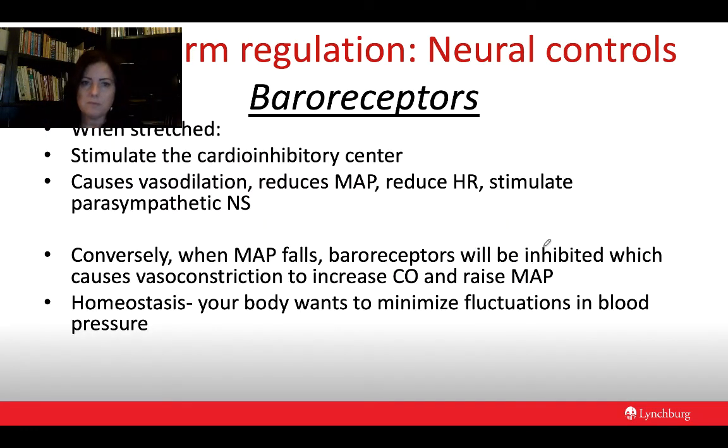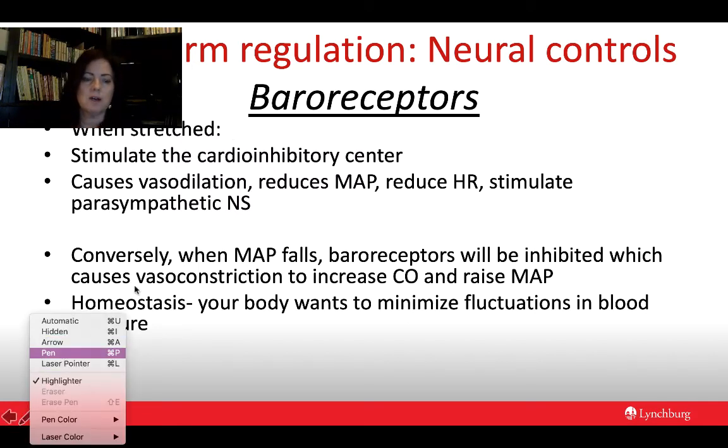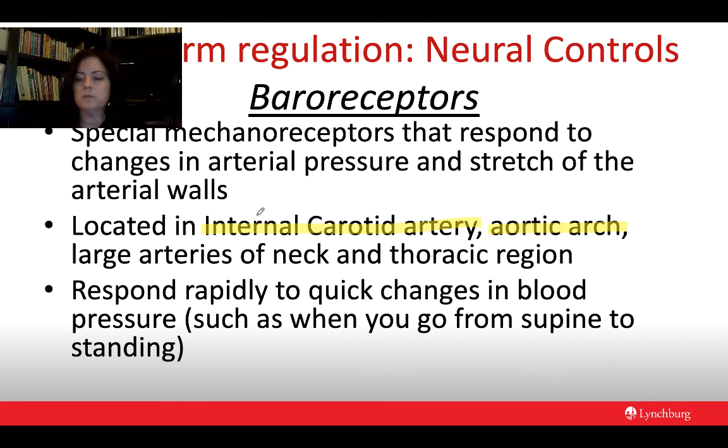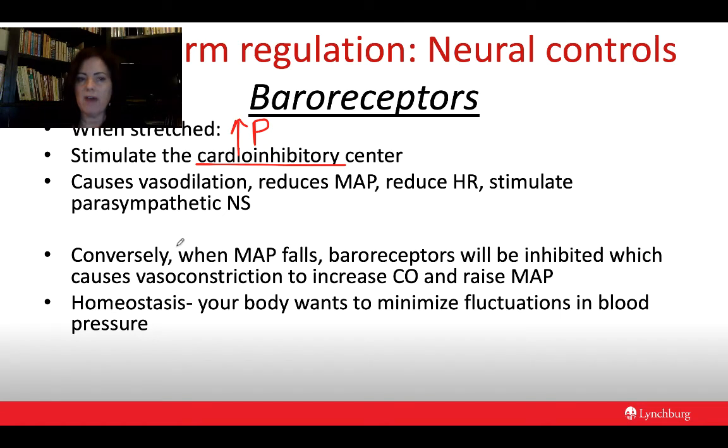But what happens with baroreceptors when they're stretched, so when we have increased pressure and it's putting those arteries on stretch, they are going to stimulate the cardioinhibitory center. Because what we don't want to have happen is we don't want them to be overstretched.